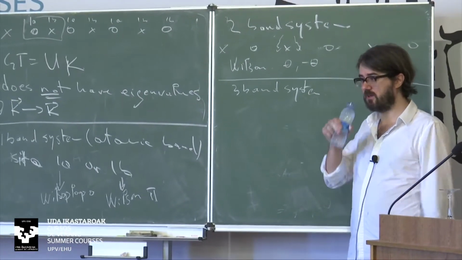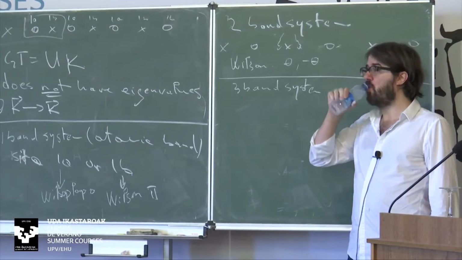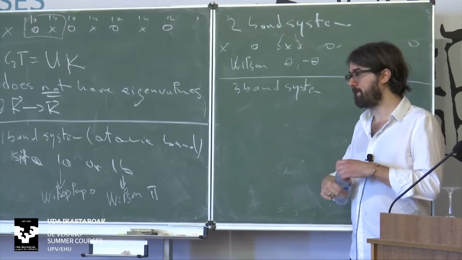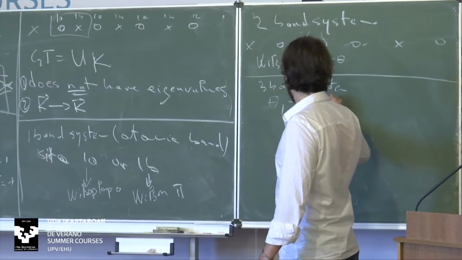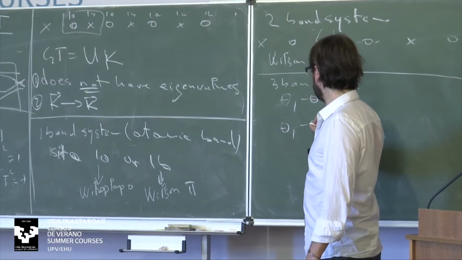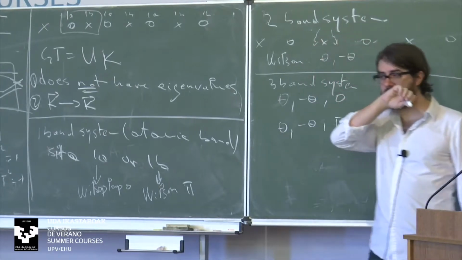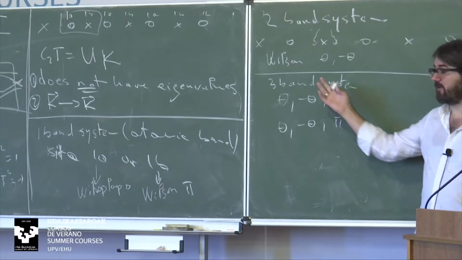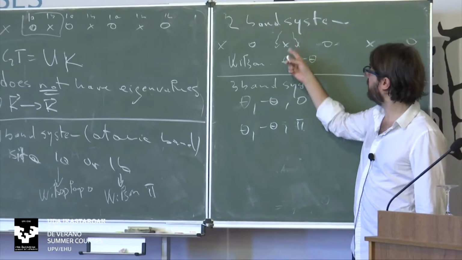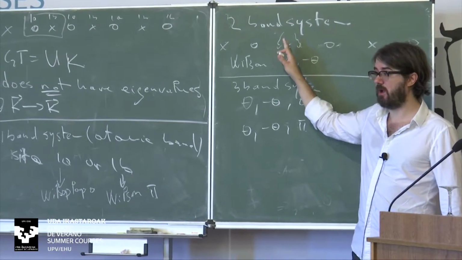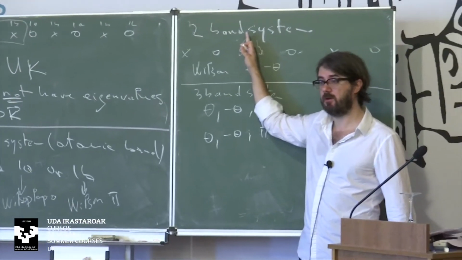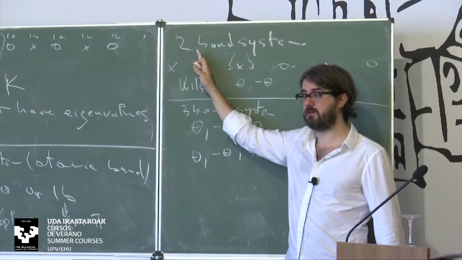There could be two types: theta, minus theta and 0, or theta, minus theta and pi. Because I have an odd number of bands, two of them I would have to put at theta and minus theta, but the third one I'd be locked to either put here or here by C2 times T.